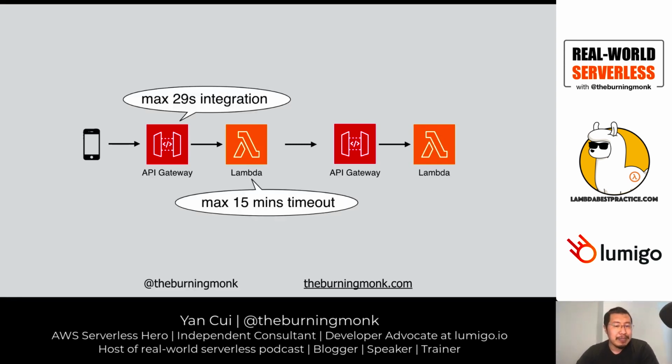Beyond that, there are also potential mismatches whereby API Gateway itself has a maximum integration timeout of 29 seconds, but your Lambda function can run for a whole 15 minutes. So it's very possible for you to have a Lambda function that can outlast the API Gateway invocation.